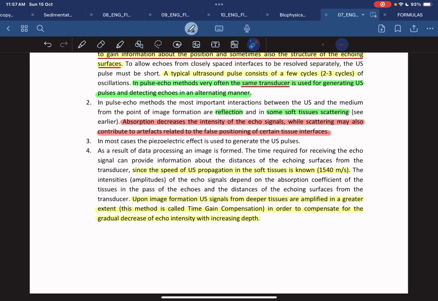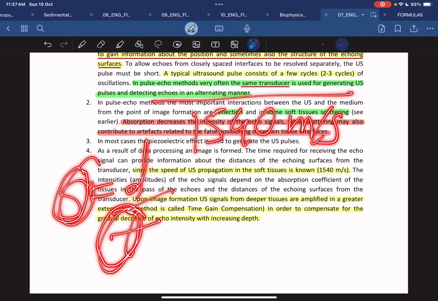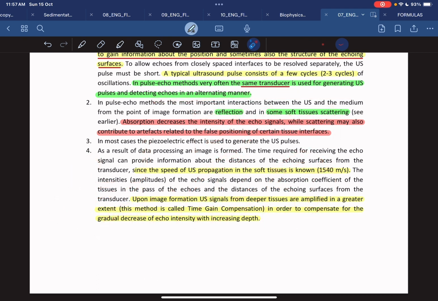Now, using this ultrasound, what we can find out is, we know the pause time, okay? We know the time it takes for the ultrasound to reflect back to the transducer. We know the speed of sound in soft tissues is 1540 meters per second. So using the formula speed equals distance by time, we know the speed and we know the time, so we can find out the distance of the materials from the transducer.